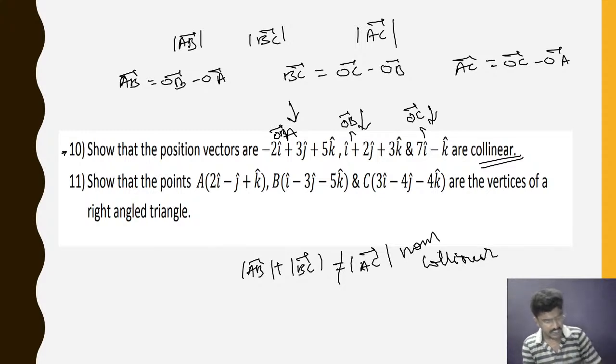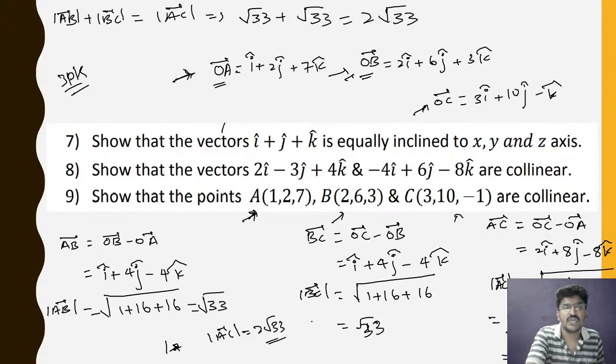So Sumedha is asking to repeat it. No problem. You watch it once again. If you understand, no problem. If you don't understand, I will explain again. But here there is the same problem. To show collinearity, you have to find AB vector, BC vector, AC vector. So see, these are the formulas AB, BC, AC.